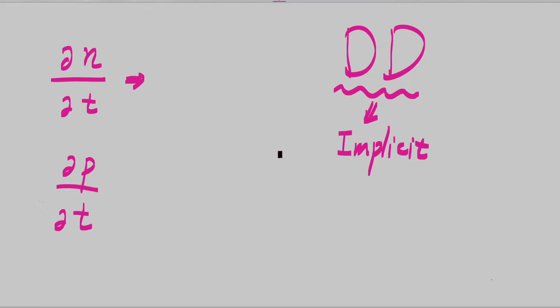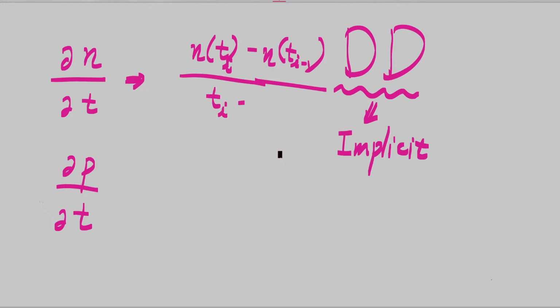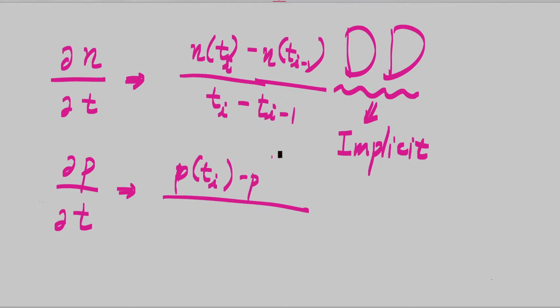You have to discretize this term with the implicit time scheme, n at t_i and t_(i-1) divided by t_i minus t_(i-1). That should be implemented in your code. Also, p takes the same approach: p at t_i and t_(i-1), divided by t_i minus t_(i-1). That should be included in your system.